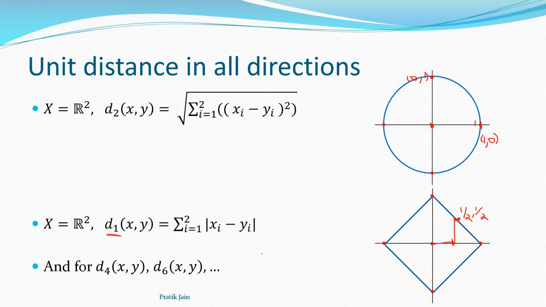So for a general case, for dn, what will be the formula? So the formula will be something like this, say x comma y. So here, say 1 is at the origin. Okay, so this is at the origin. So you just have mod of xi, and then there is an n over here, right?